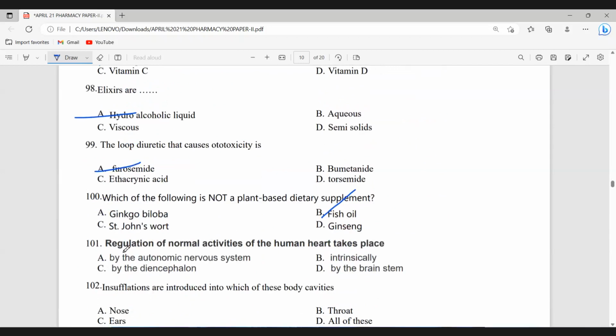Then 101, regulation of normal activities of human heart takes place in: intrinsically. But note one point. The regulation of normal activities of the human heart takes place intrinsically, by the cardiac conduction system.